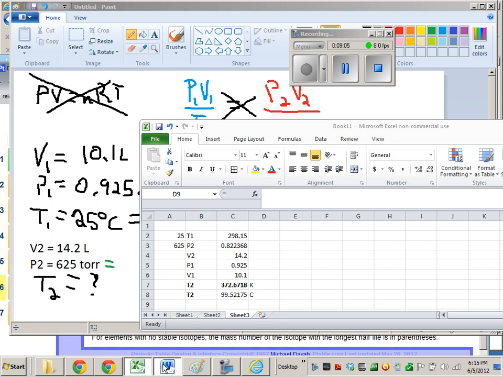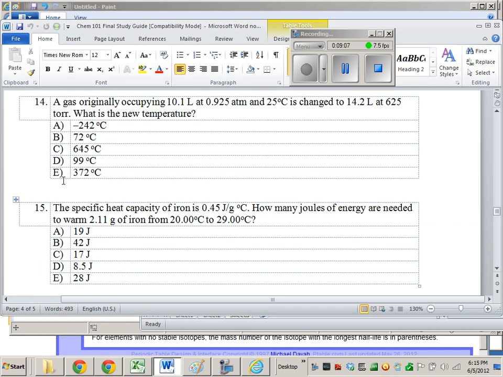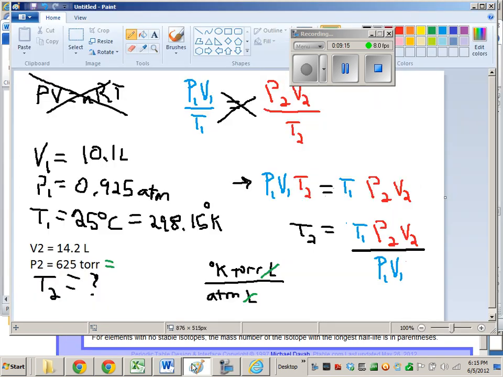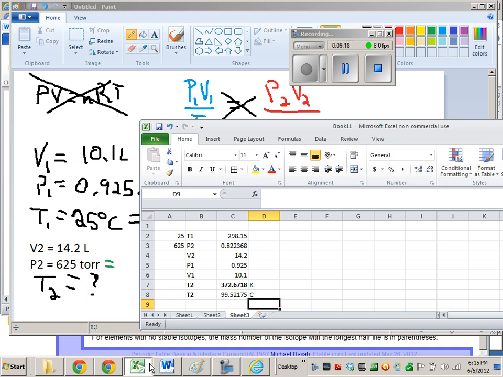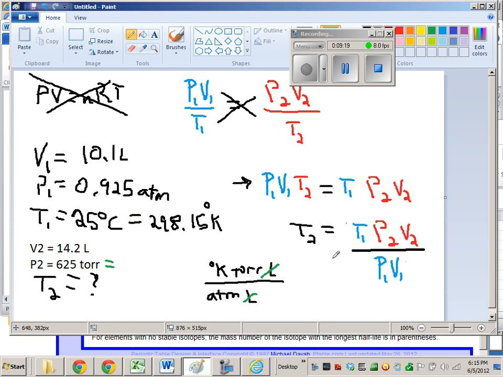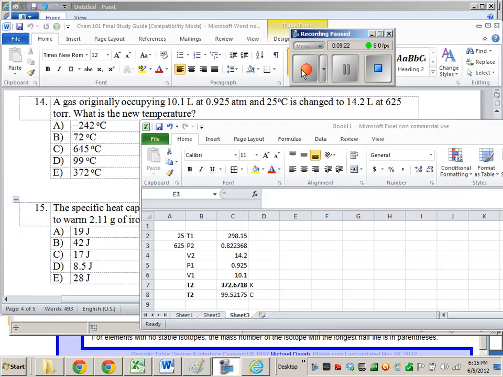So let's see if that's in the answer choices. 99.5. Yes, that's probably fine. D is probably right. So let's make sure that this makes intuitive sense as well. So we took a volume and we expanded it.